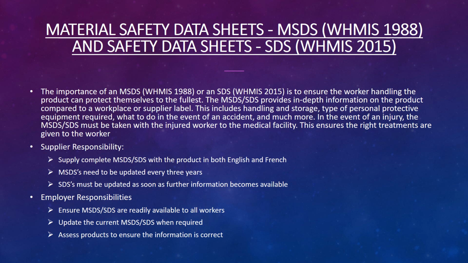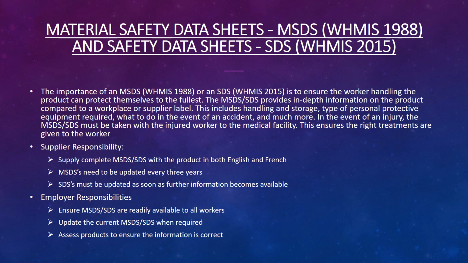They provide in-depth information on the product compared to a workplace or supplier label. This includes handling and storage, type of personal protective equipment required, what to do in the event of an accident, and much more. In the event of an injury, the sheet must be taken with the injured worker to the medical facility. This ensures the right treatments are given to the worker.